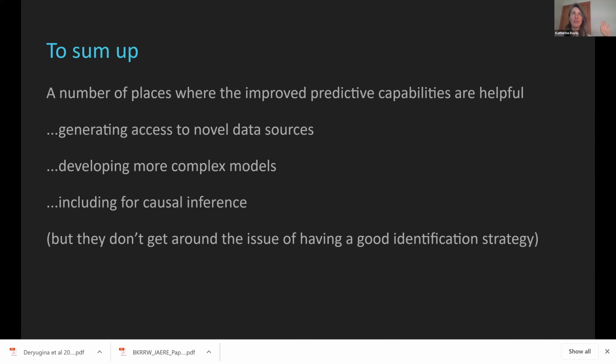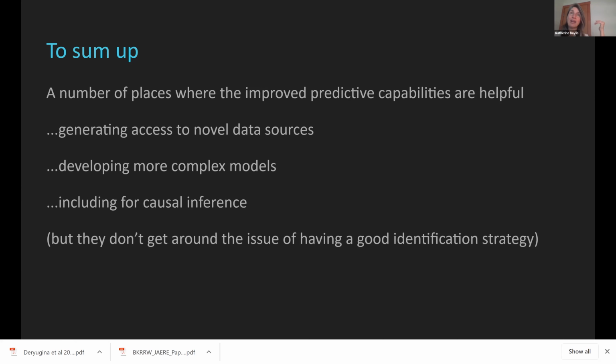All right, stepping back. I think there's a number of places where machine learning can add to environmental and agricultural economics. In the references, I've got some sites from development economics as well. Basically, places where we want improved prediction, machine learning can be really helpful.